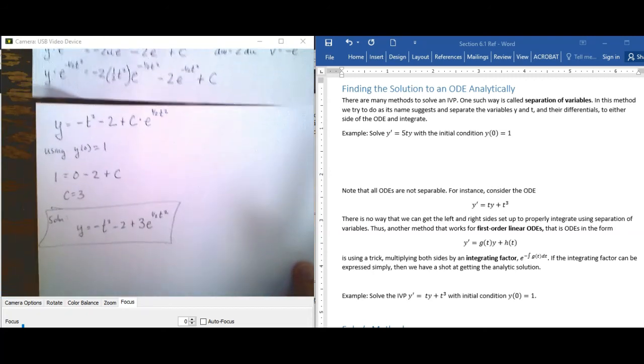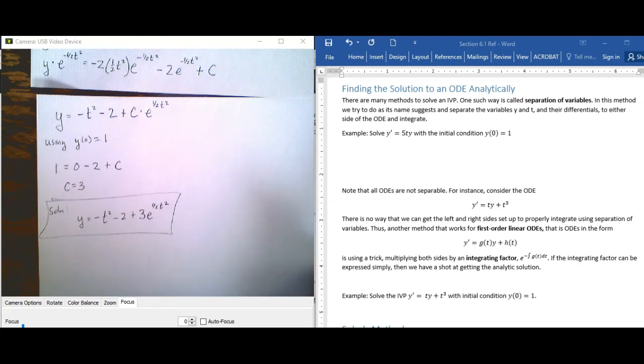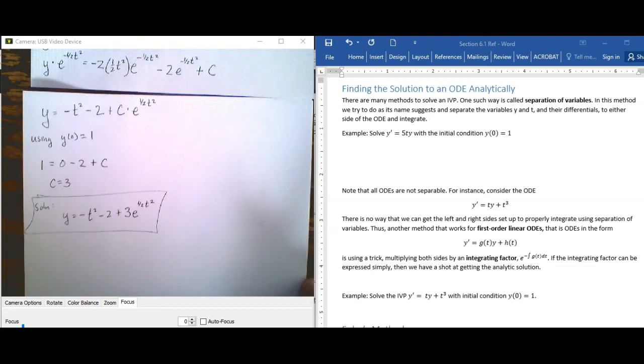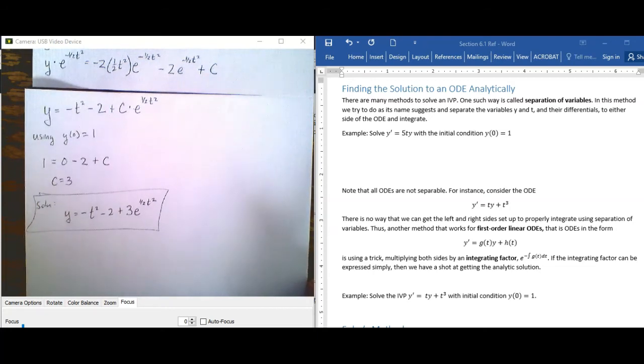Of course, in this class, our aim is to figure out methods for solving by numerical methods, right? So we have a couple of different ways, separation of variables and this integrating factor, to solve analytically.